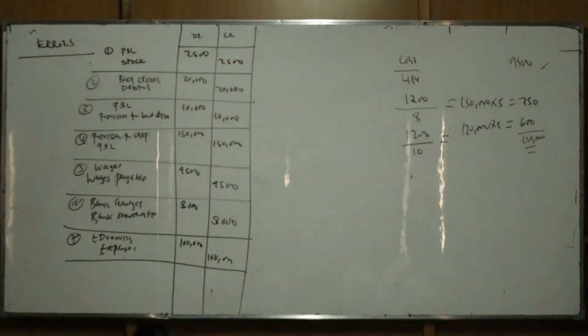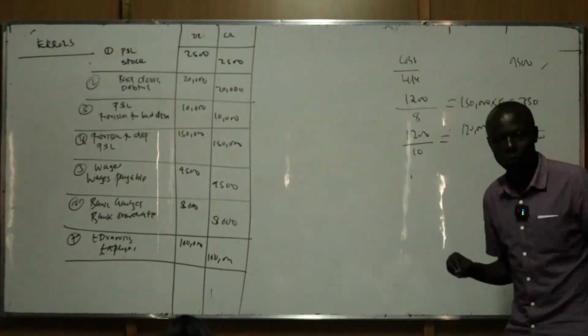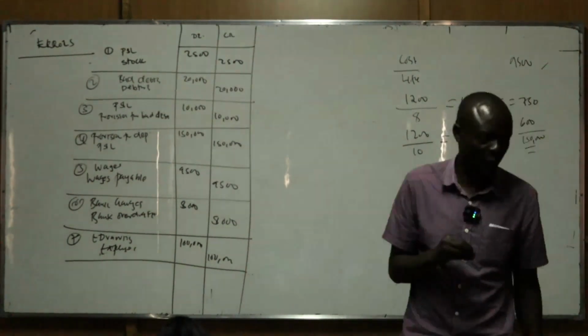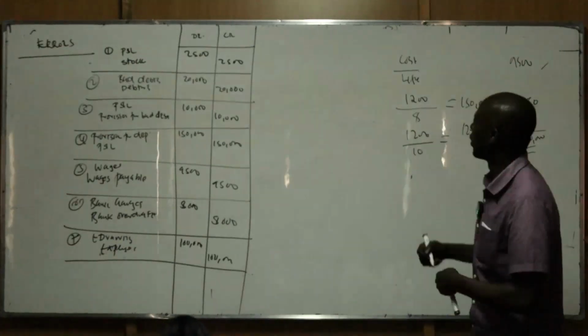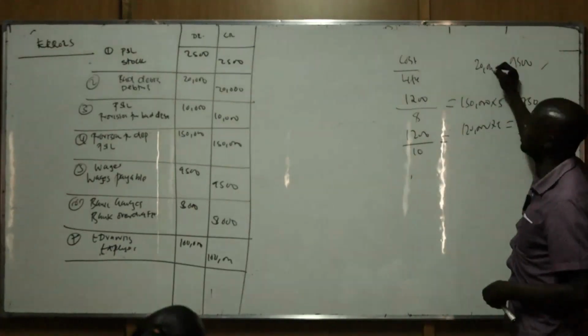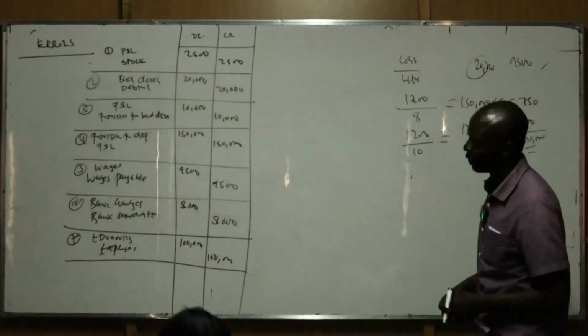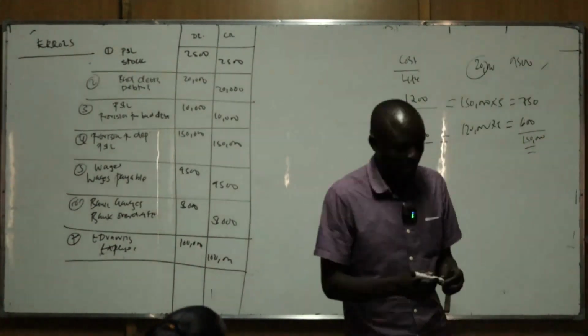So it reads 20,000 amount that was supposed to be received for letting out of the property by Capedo was not received by the end of the period, isn't it? So there's what we call rent owing. Rent owing of how much? 20,000.